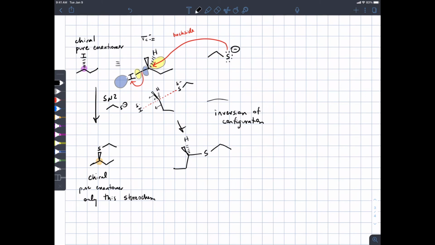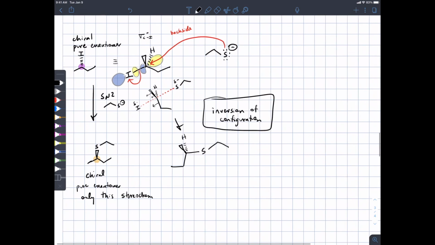All right, questions about what we mean by inversion of configuration? Yeah? How did we know it's going to be an Sn2 reaction as opposed to an Sn1? Okay, how did we know it would be Sn2 versus Sn1? Well, I'm showing you the data and you're inferring that it had to be Sn2. But in terms of predicting, you would know this is a secondary alkyl halide.